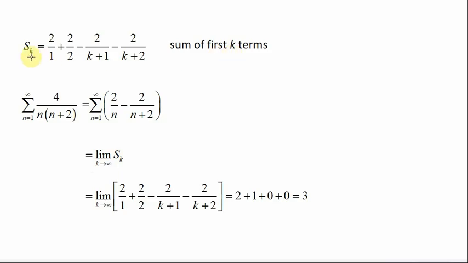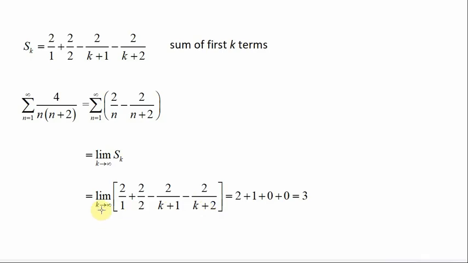If we allow k to run to infinity, then we get the entire infinite series. But here s sub k is 2 over 1, plus 2 over 2, minus 2 over k plus 1, minus 2 over k plus 2.